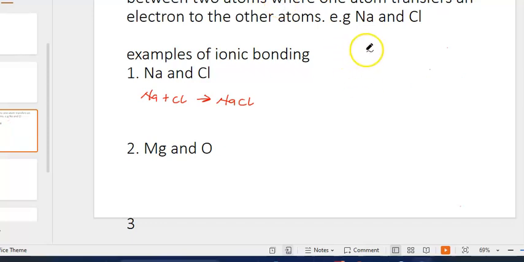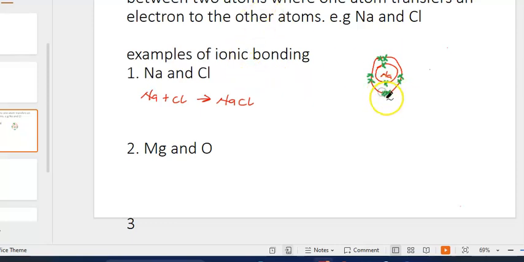We are going to start with sodium. The first shell for sodium should have 2 electrons. Then we have another shell. The second shell is going to have 8 electrons: 1, 2, 3, 4, 5, 6, 7, 8.